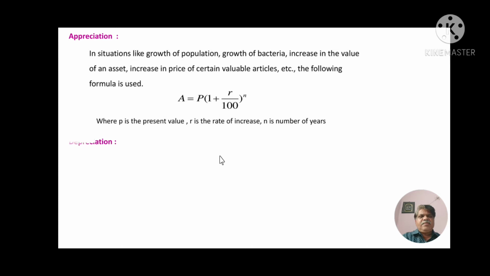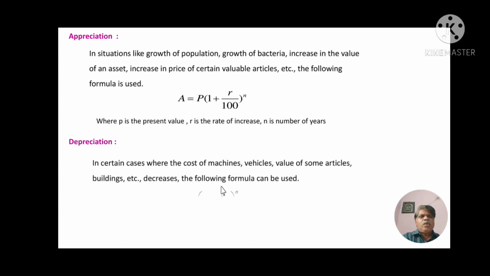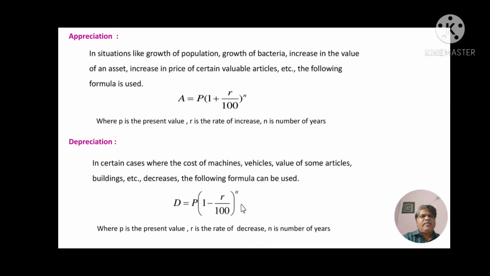Now, depreciation. In certain cases where the cost of a machine, vehicle, value of some articles, buildings, etc. decreases, the following formula can be used: A is equal to P into bracket 1 minus R upon 100 raised to N, where P is the present value, R is the rate of decrease, and N is the number of years.